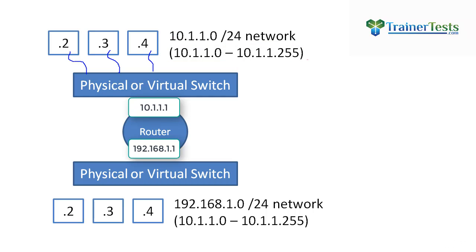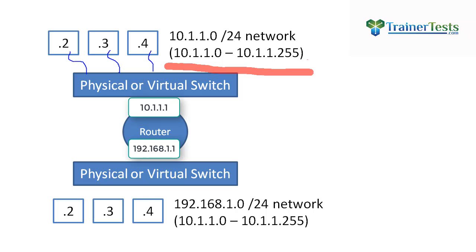When you think of that default gateway configuration that you do in Windows, basically all you're saying is, for any traffic that is on some network other than this network, send that traffic to my default gateway. And the default gateway is a router.